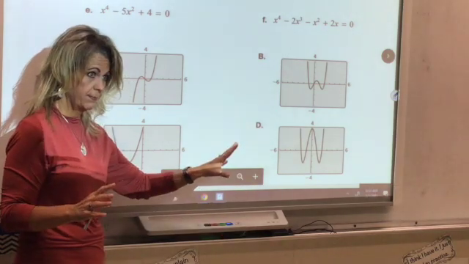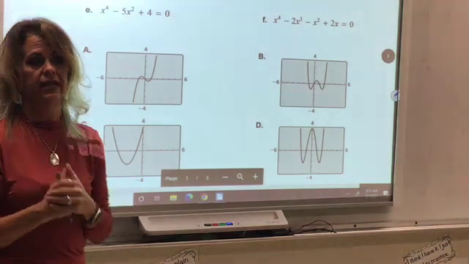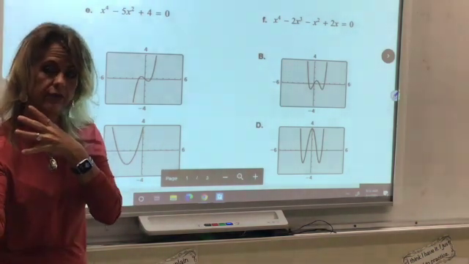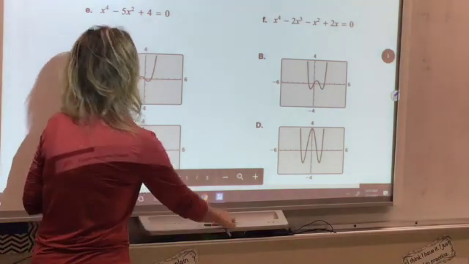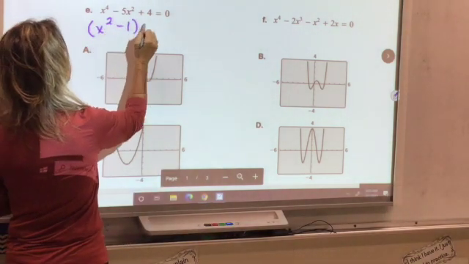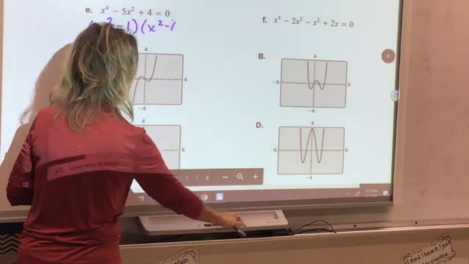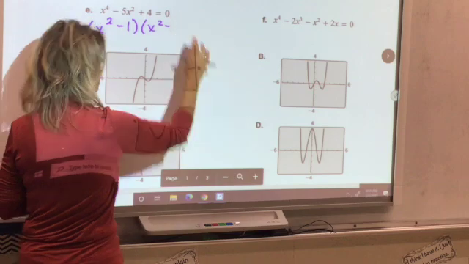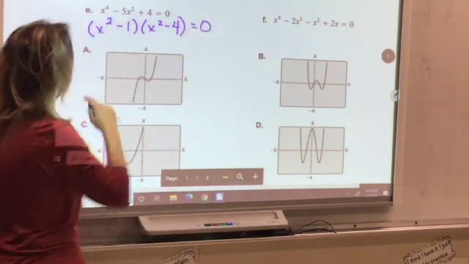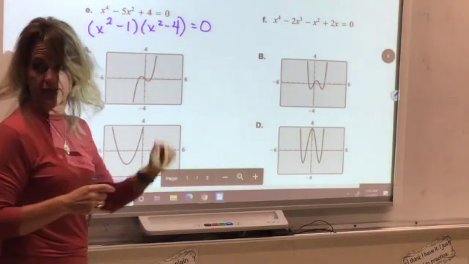What multiplies to be a positive 4 adds to be a negative 5? Nice and loud. Negative 1, negative 4. Okay, so x squared minus 1, x squared minus 4 equals 0.